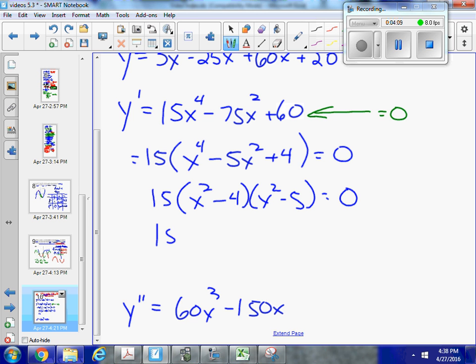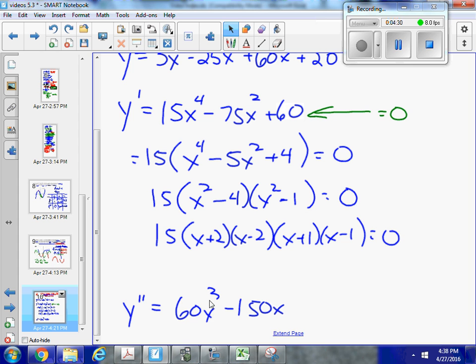So that's 15 times x plus 2, x minus 2, x plus 1, x minus 1 equals 0. So I see I have possible maximums and minimums. I have critical points, which are also stationary points, at x equals negative 2, positive 2, negative 1, and positive 1.